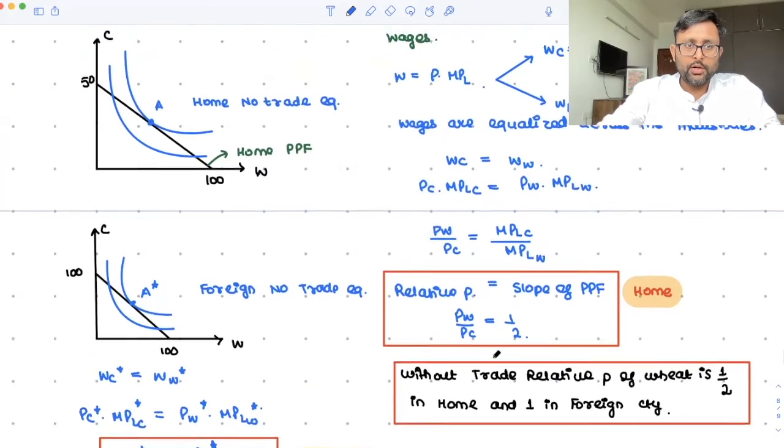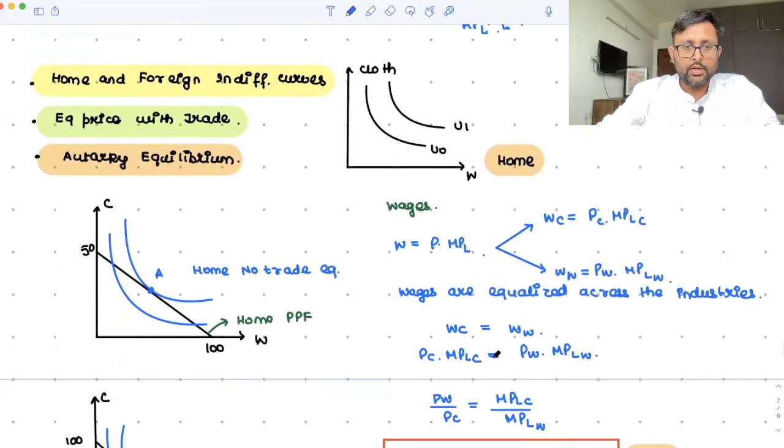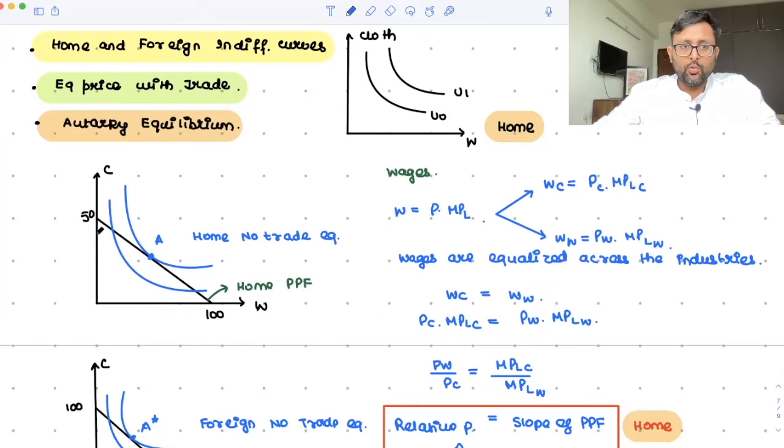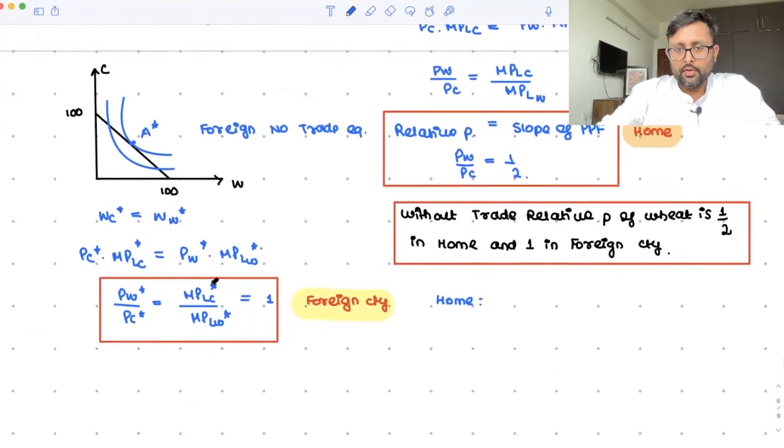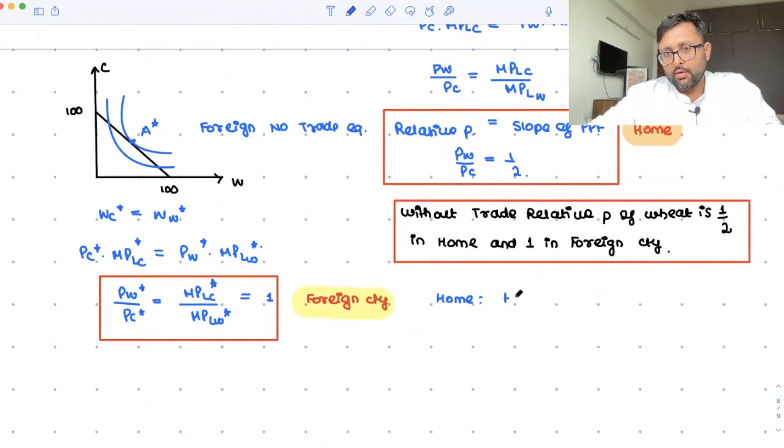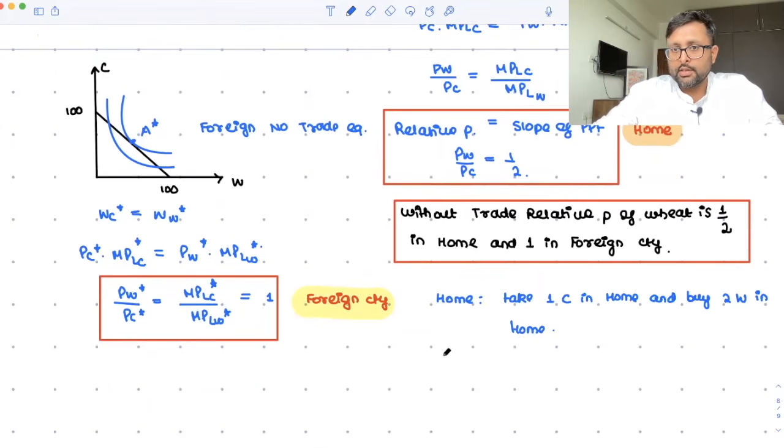That's what it is. 1 unit of cloth is equivalent to 2 units of wheat. Fair enough. So take 1 unit of cloth in home country and buy 2 units of wheat in home country. Okay. That's it. So I now have 2 units of wheat in the home country.